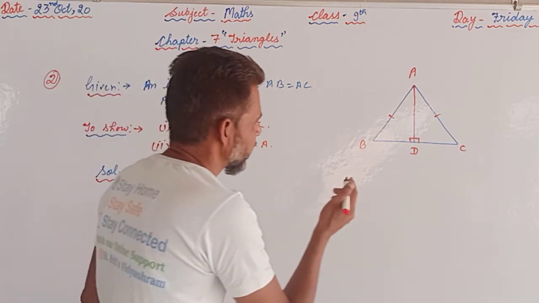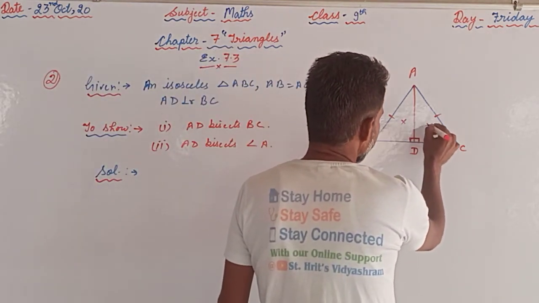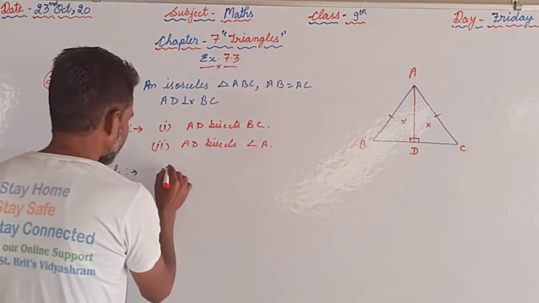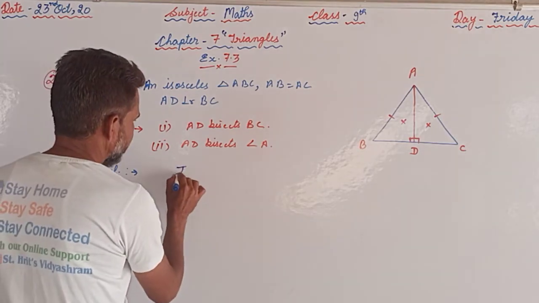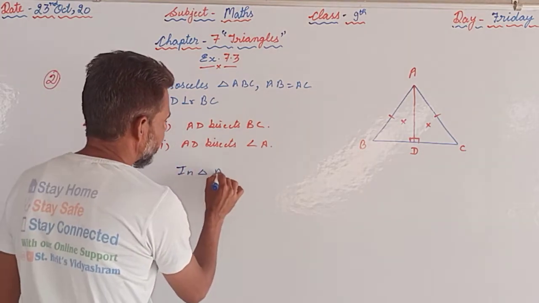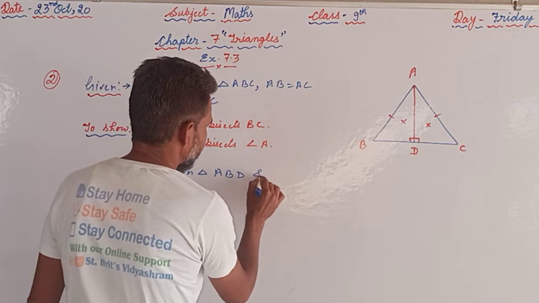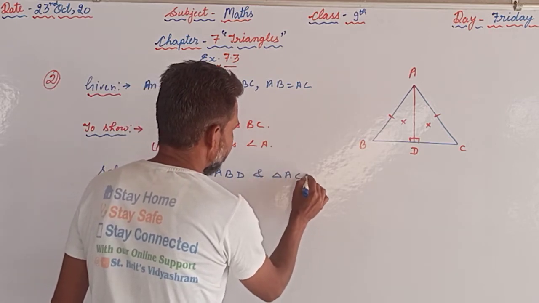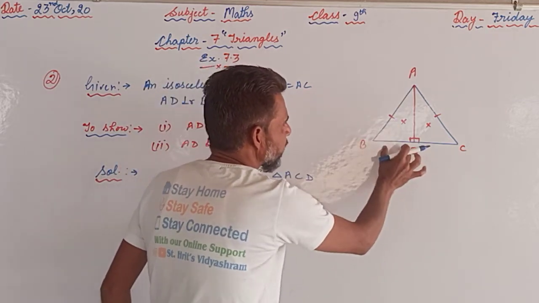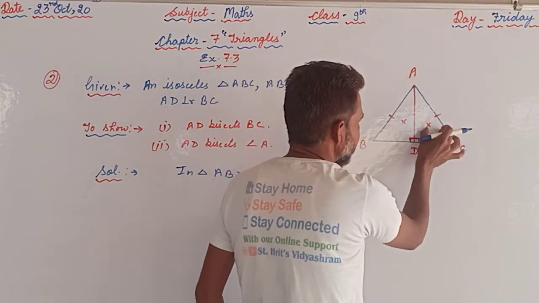We have to compare these two triangles, this one and this one, in triangle ABD and triangle ACD.